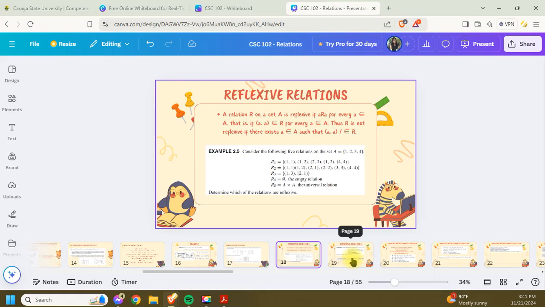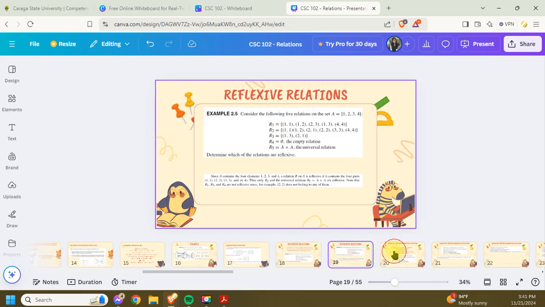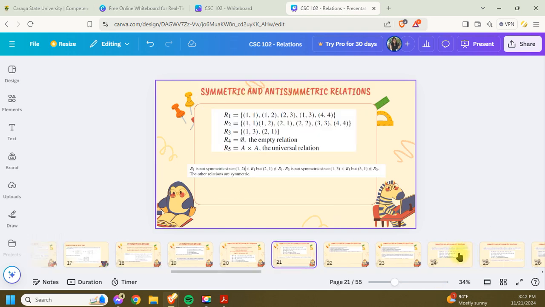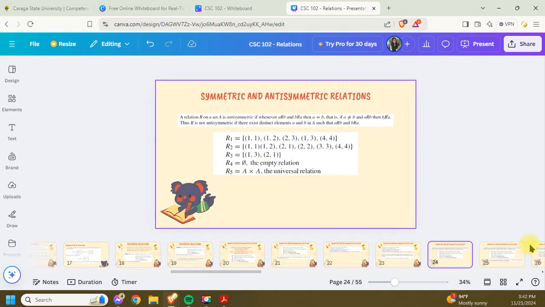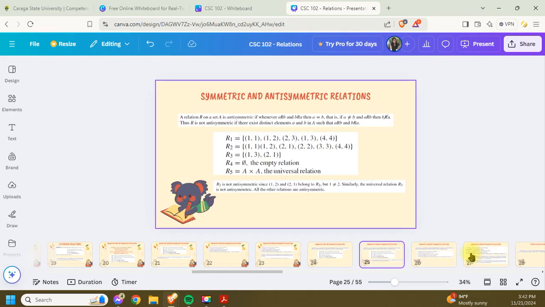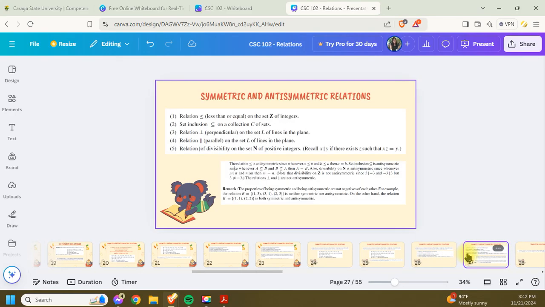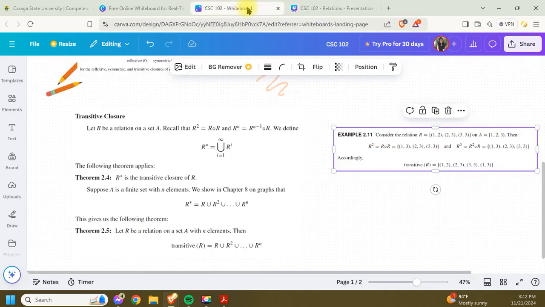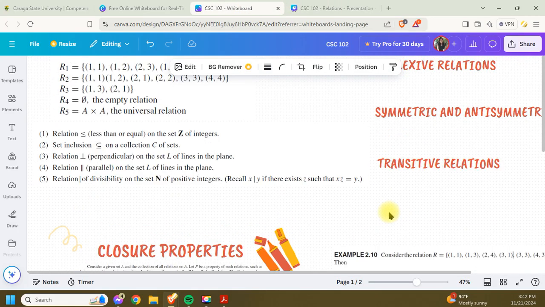I think I've already discussed this one: what reflexive is, what symmetric and antisymmetric are, and the last one, transitive, if I'm not mistaken. Yes, transitive relations. So let's start, no.